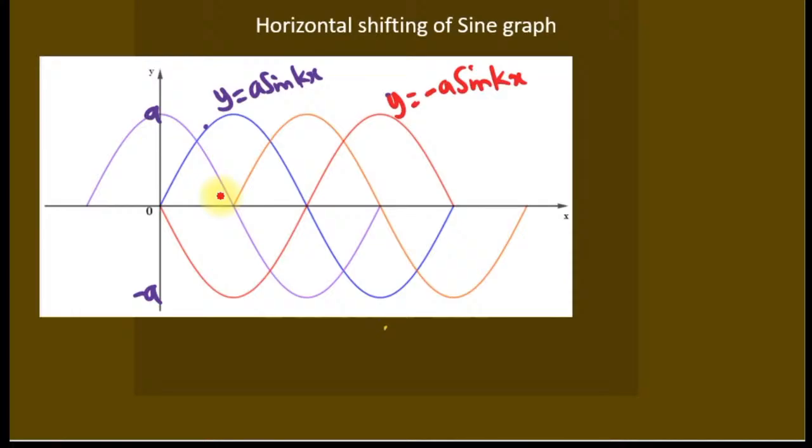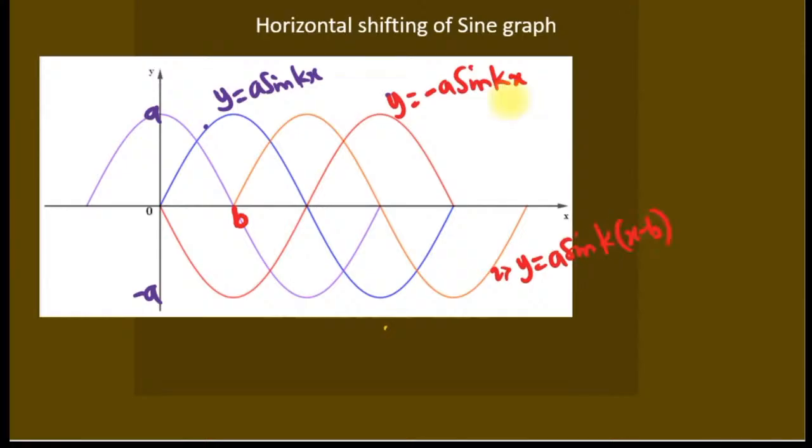Again, we've gotten the two, this blue and red, remaining the other ones. So if I decide to shift the blue graph b units, the equation will be y equals a sine k bracket x minus b.